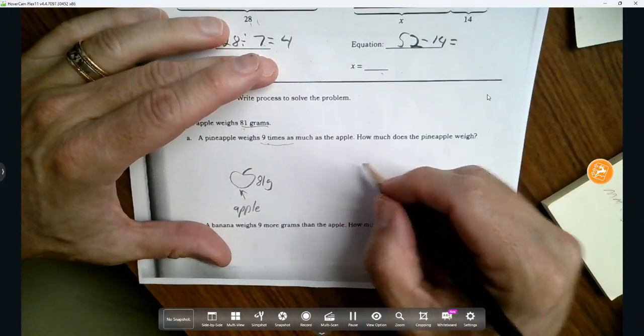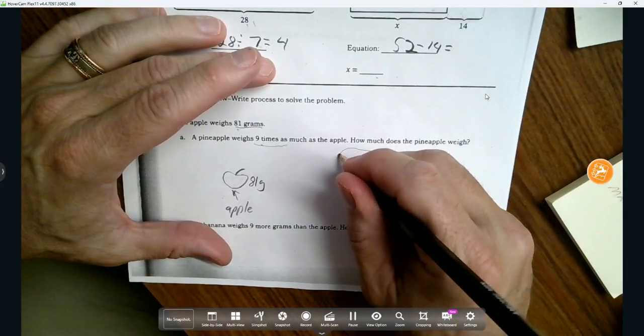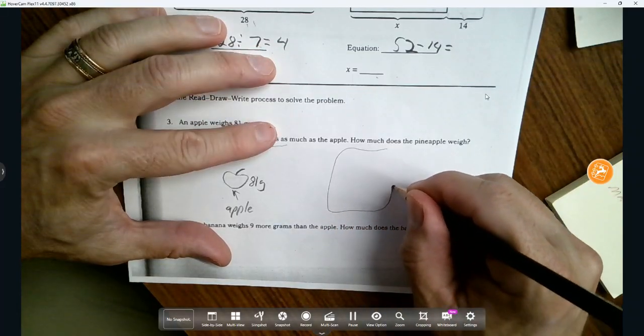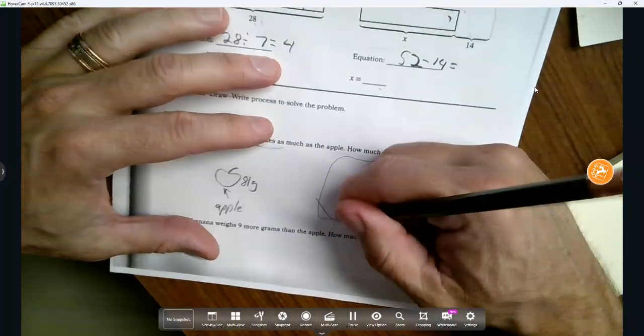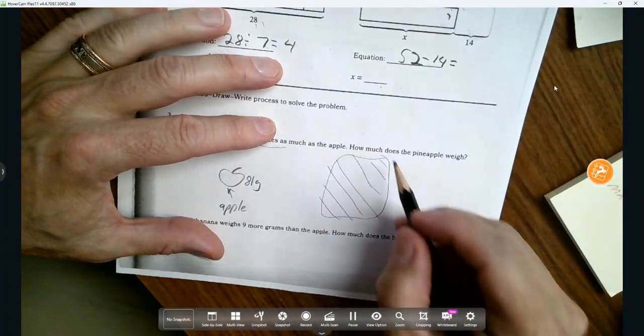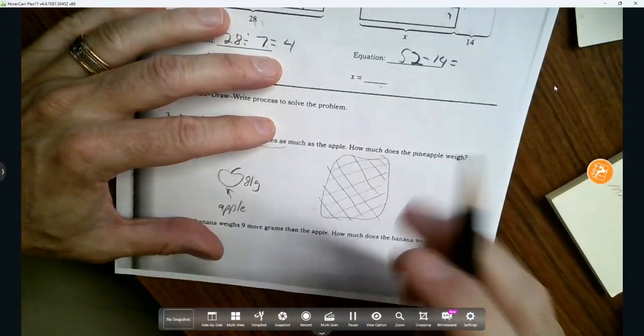Then we have a pineapple. Everyone's excited for me to draw a pineapple except for me. Down, up, come down. Remember, it's 9 times bigger. Those pineapples always have that design on them, but I'm trying to do this quick because it's math class. I'm not quite an art teacher yet. Look, kind of looks like a pineapple.